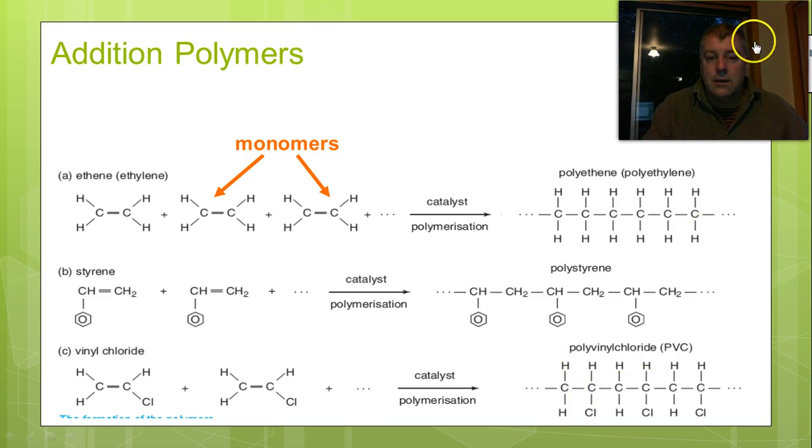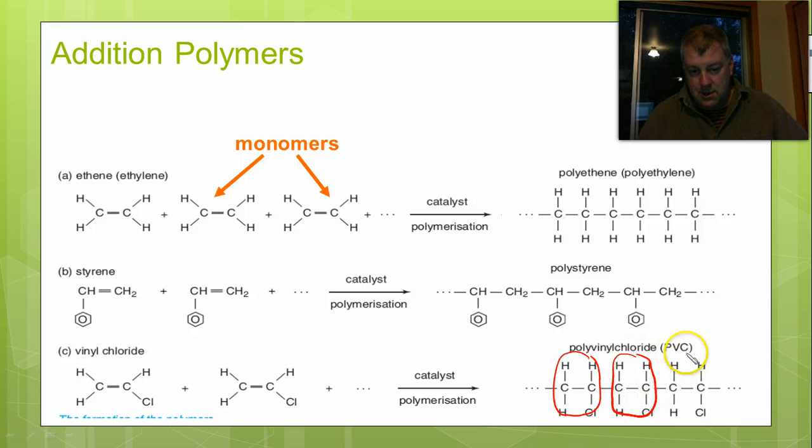And if we tried to recognize our monomers, we would say that there's one monomer, there's another monomer, and there's another monomer. It's no longer a monomer because they're now joined. So we've lost our double bond. One of those bonds in the double bond's broken and formed a new carbon-carbon bond.